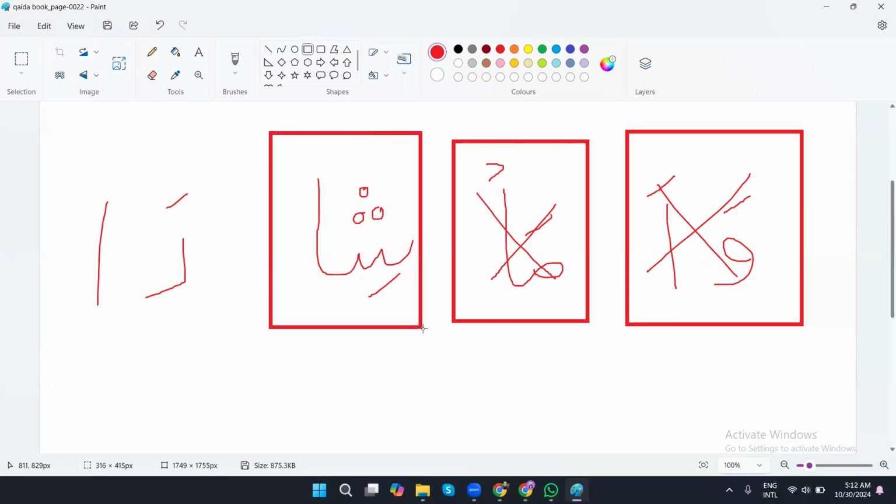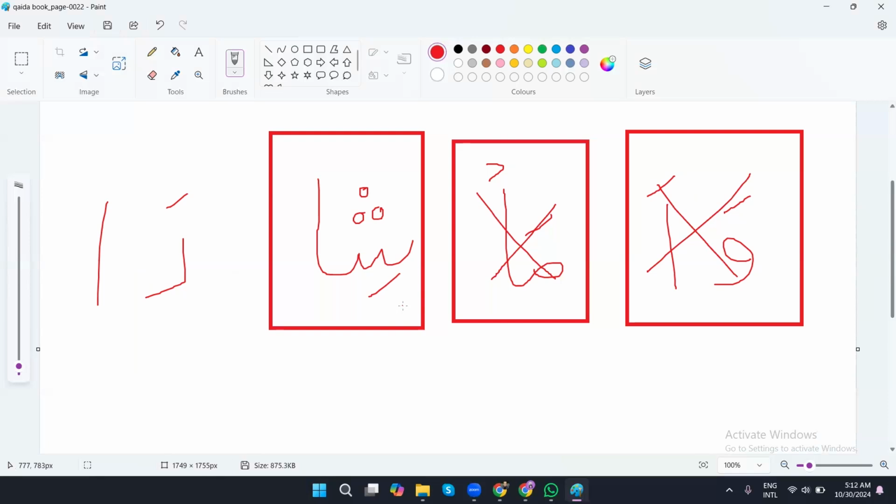Next, is it Alif Madda? Yes. Why? Because Alif has no sign on top. Okay, but if you remember, I told you that we need both conditions true. Here the first condition is true, that Alif has no sign. But what about the second condition?